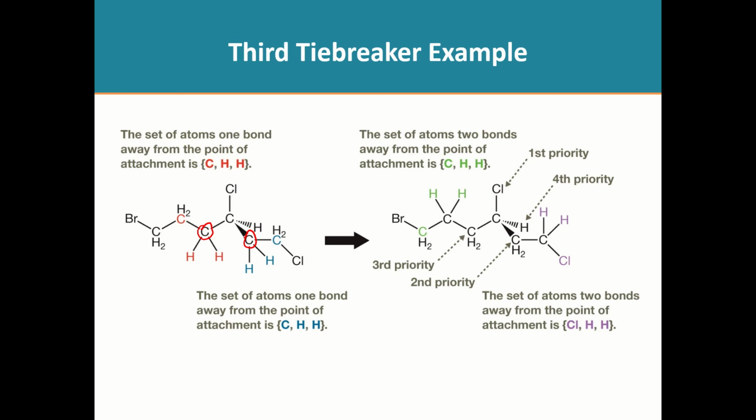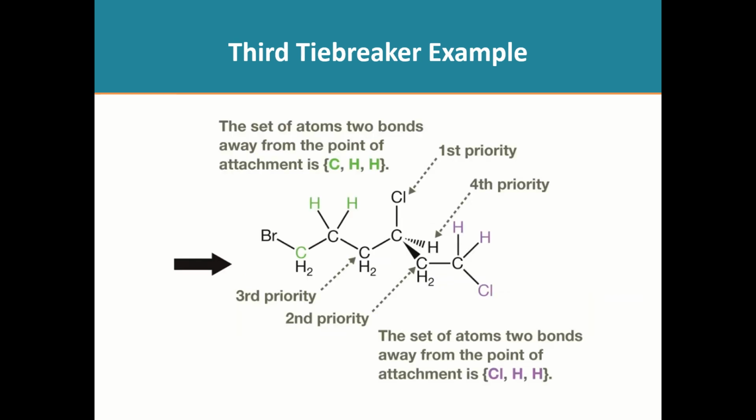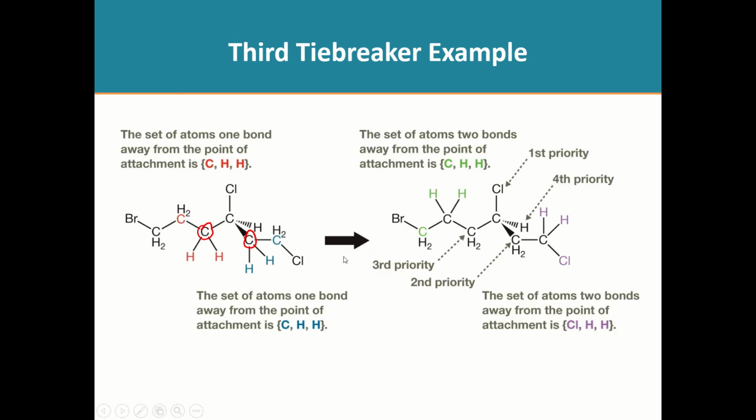It's still a tie, so we have to take another step. If we get a tie, once again, you just go to the next atom. Here we have a tie, because we can see these red atoms and these red atoms are exactly the same.